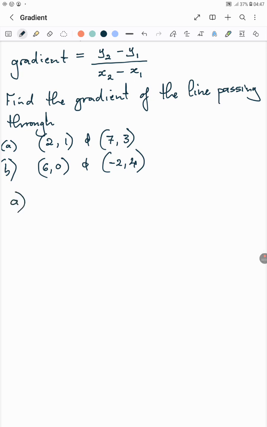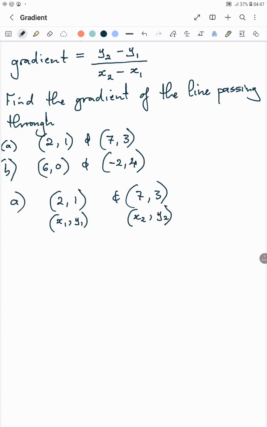So part A, we have got (2, 1) and (7, 3). So we're just going to relabel our coordinates. So this one is x1, y1, and this one is x2, y2.